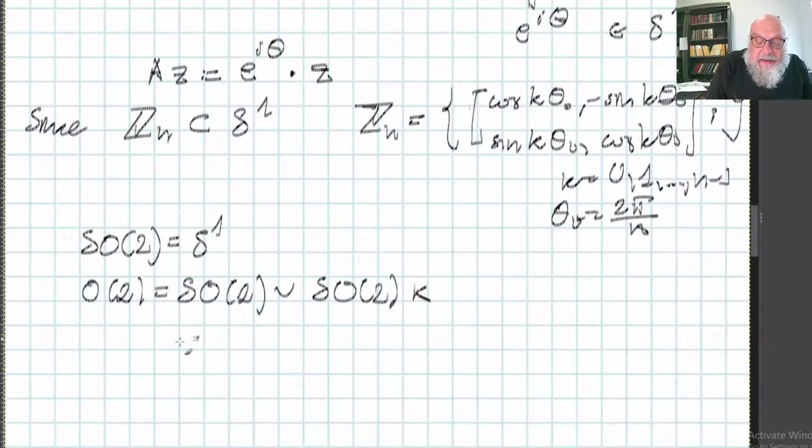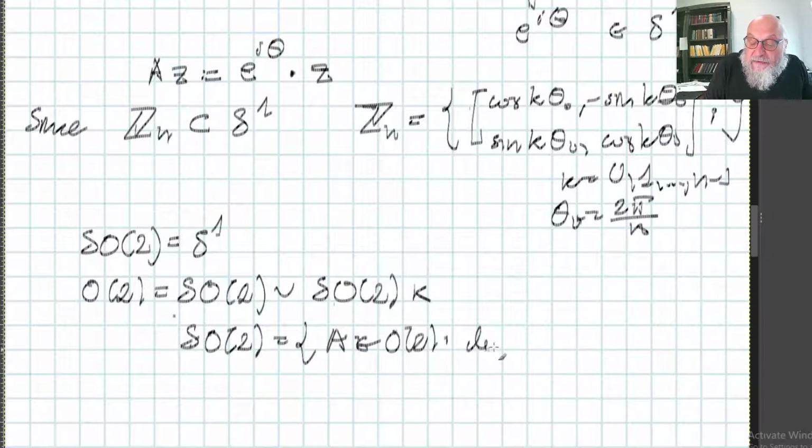What is SO2 times kappa? We know SO2 is the set of all matrices in O2 such that the determinant of A is equal to 1.